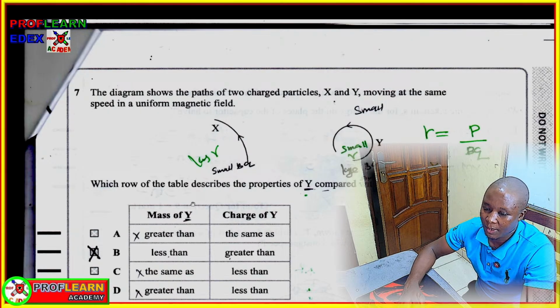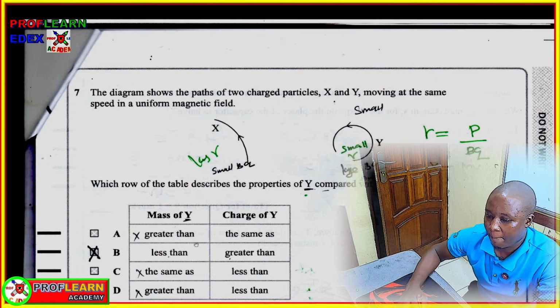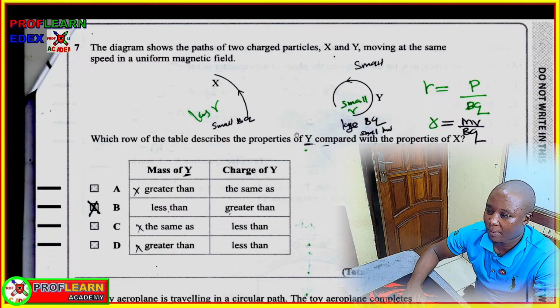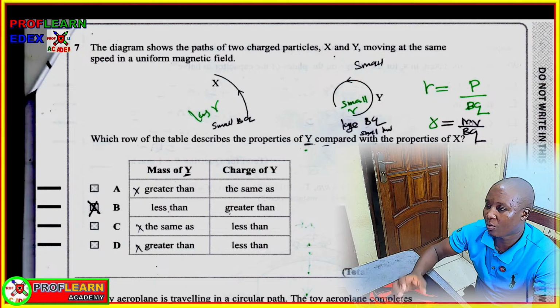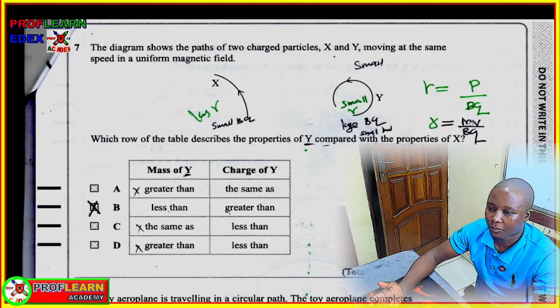So we can say the mass of Y is less and the charge of Y is greater, so that we have a scenario where we shall have a small radius. If the mass is less, we are going to have less momentum, because the objects are moving at the same speed.